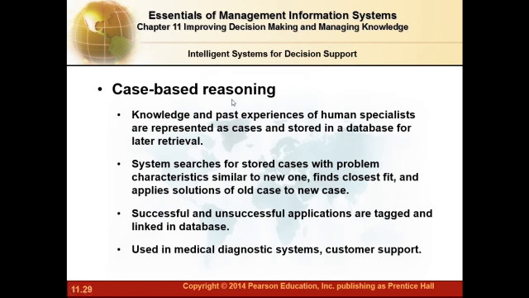We want to know what would be the difference in how a case-based reasoning system would be used in medical diagnosis versus an expert system.